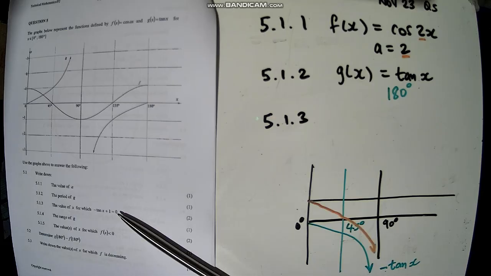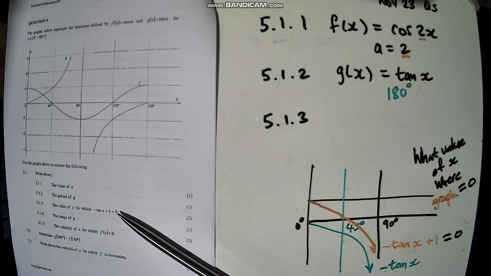So the orange graph would be negative tan x plus 1. So plus 1 means the graph moved 1 square higher. So the question is asking, what is the value of x where this graph is going to be equal to 0?